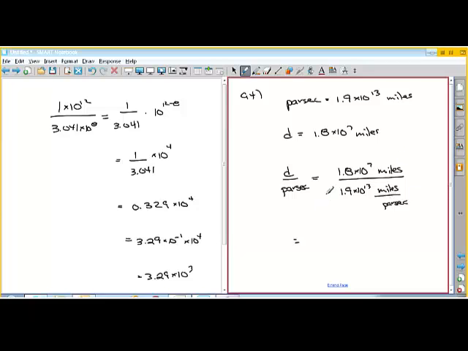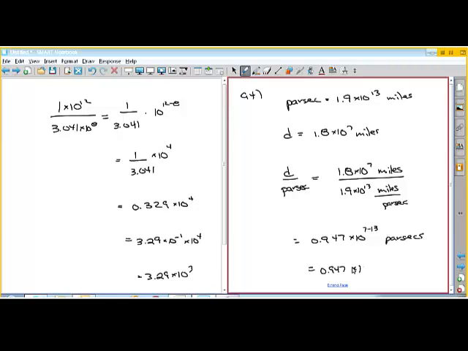And what would happen is the units are going to cancel out, and the parsec will come to the numerator. So I'll get parsecs as the answer. But notice, what you end up with is you divide 1.8 by 1.9, and I'll get 0.947 times 10 to some number. Well, it's going to be 10 to the 7th minus 13, and this is going to be parsecs.